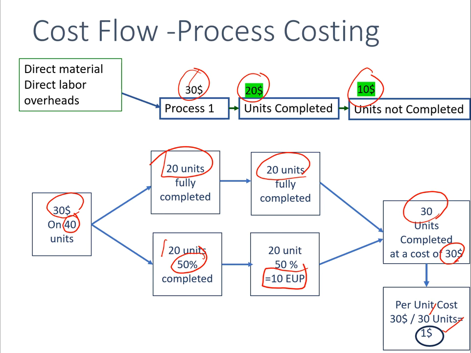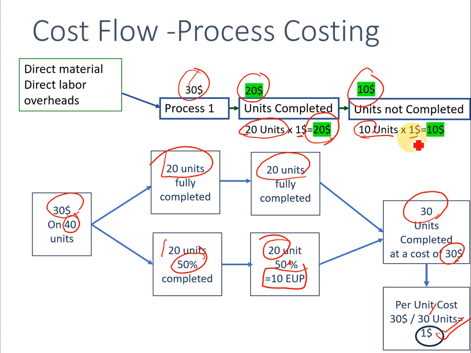Now when you know the cost per EUP, you can calculate how much is there in completed and how much is there in not completed. So we know 20 units fully completed multiplied by $1, which we calculated here. So $20 is in units completed, and 10 units, which is the EUP of these 20 units multiplied by 50%.